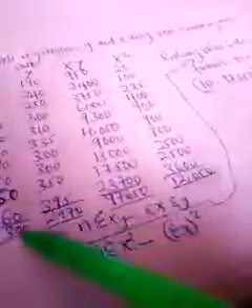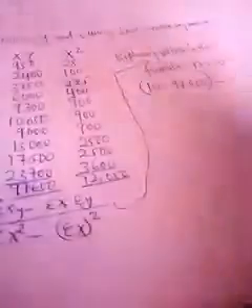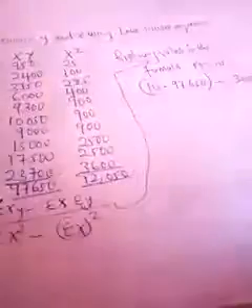The summation of x here is 300, so it will be 300 dot summation of y, which here is 2970. So you can have a bracket there.